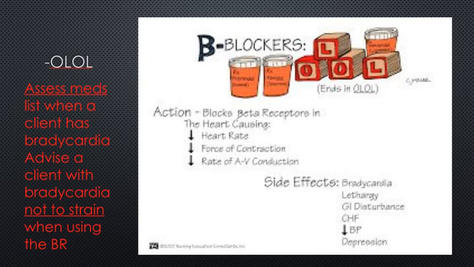Beta 1 is in the heart, beta 2 is in the lungs. Beta blockers can be used to treat hypertension, chest pain, and arrhythmias. They are going to decrease the pulse rate, make it slower and less forceful. They're going to decrease cardiac output and decrease blood pressure. And so knowing this, those are also side effects of beta blockers.